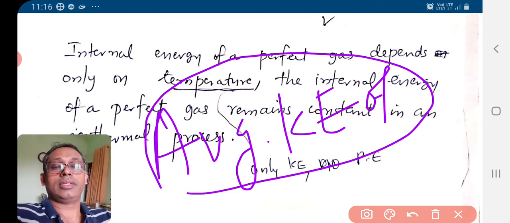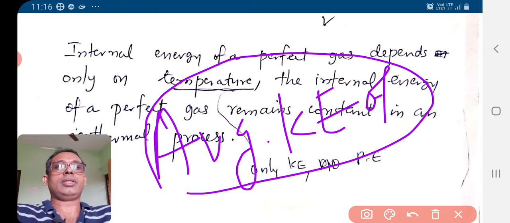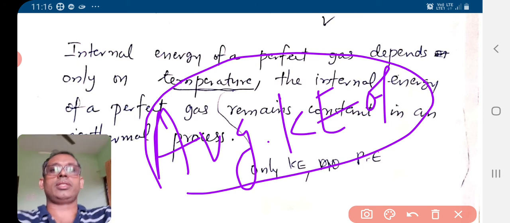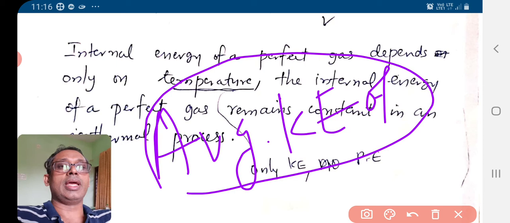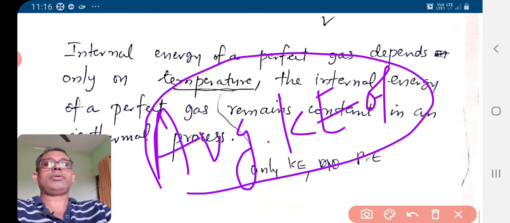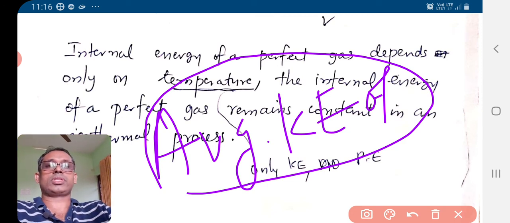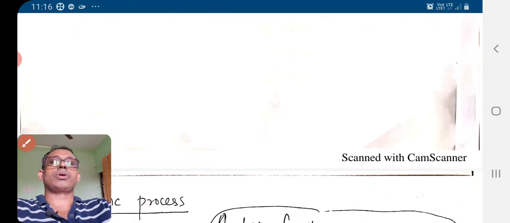Internal energy is actually kinetic energy plus potential energy, but here it is simply kinetic energy because there is no interaction between the molecules in a perfect gas. So as the temperature remains constant here, there is no change in the internal energy for a perfect gas. So that's about the isothermal process.